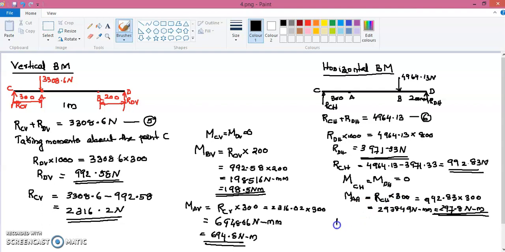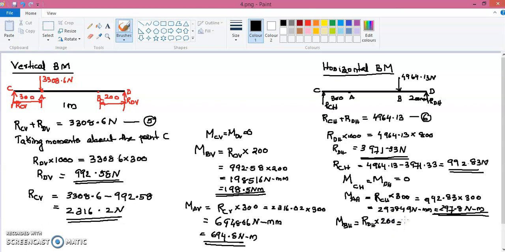Now we will find out this horizontal bending moment at the point B, MBH. So here also, if I take it from this direction, it will be RDH into 200. If I take it from this direction, it will be RCH into this distance, total distance. So I am taking it from this direction, so it will be RDH into 200 millimeters.